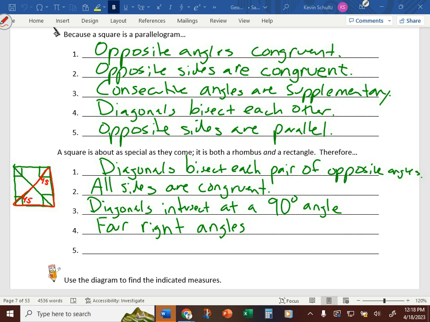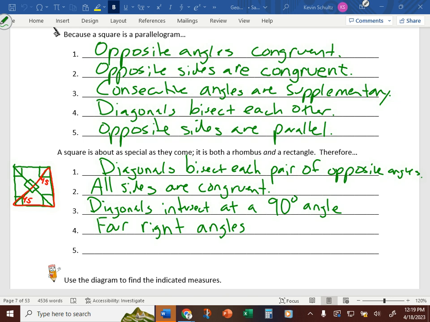In addition, you've got this other characteristic that these diagonals intersect at 90-degree angles, so you've got more right triangles that are formed by the diagonals. A square is basically just a haven of right triangles. And more specifically, 45, 45, 90 right triangles.